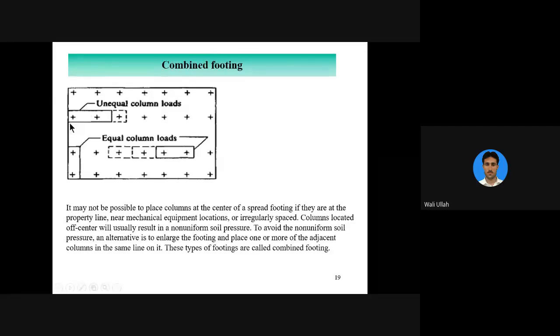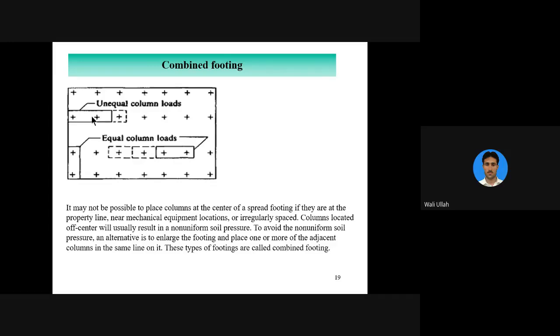Rectangular combined footing, for 2 or 3 columns. You see here, 2 columns are combined. Here 4 columns are combined. Here 2 are combined. The foundation of these 2 columns is a single unit. The foundation of these 3 columns is a single unit.